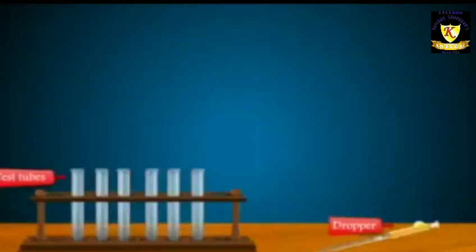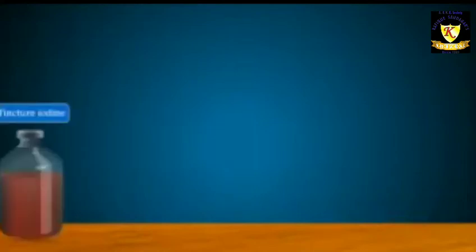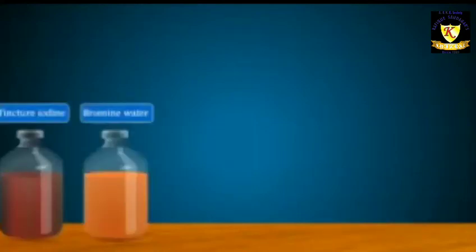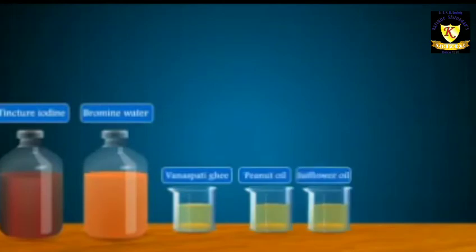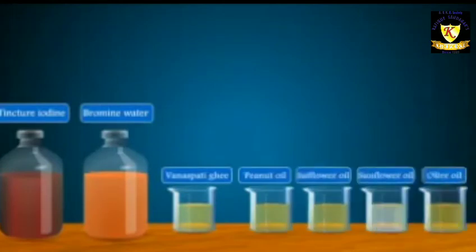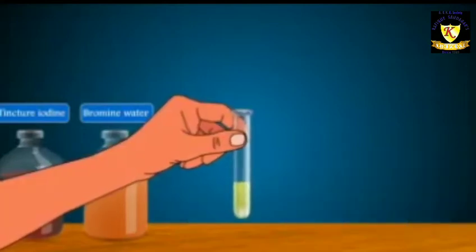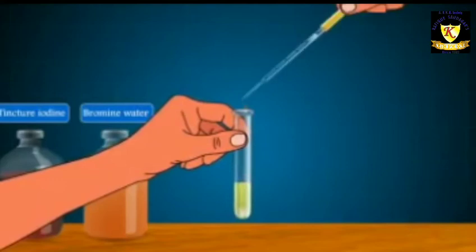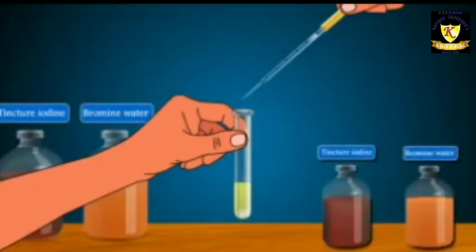Now try this. Apparatus: test tubes, droppers, etc. Chemicals are tincture iodine, bromine water, liquefied vanaspati ghee, various vegetable oils: peanut, safflower, sunflower, olive, etc. Now take 4 ml of oil in a test tube and add 4 drops of tincture iodine or bromine water in it.